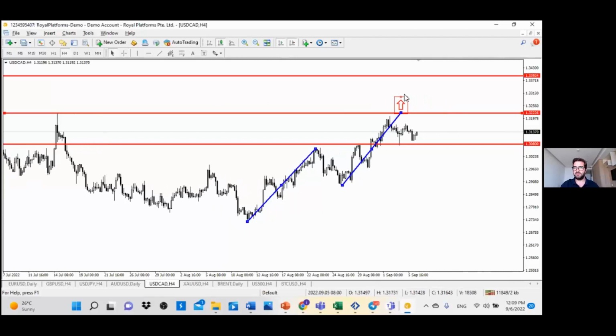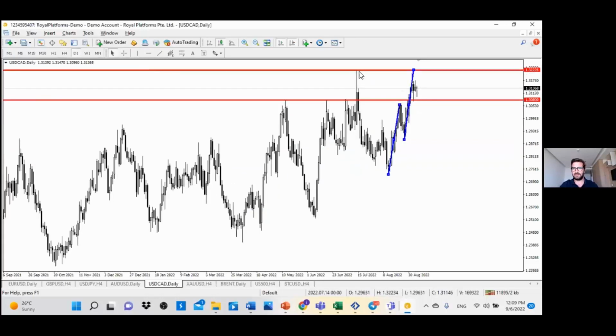If we have a close on the daily time frame above the 1.32, then the market could reach the 1.3390 in the coming days, or by the end of this week. Why? Because here we have a previous high.